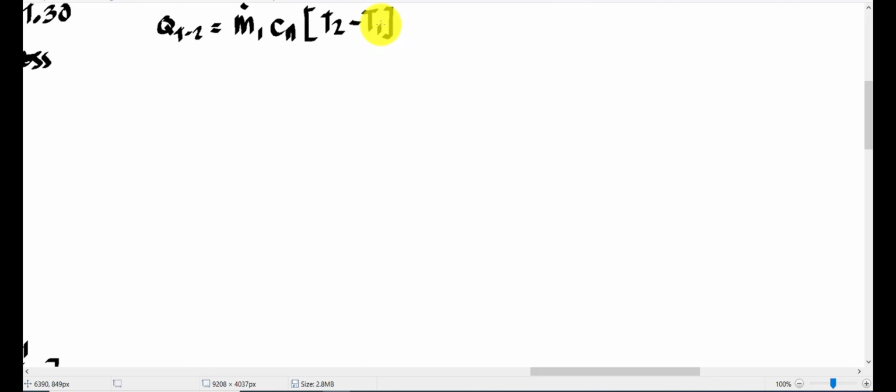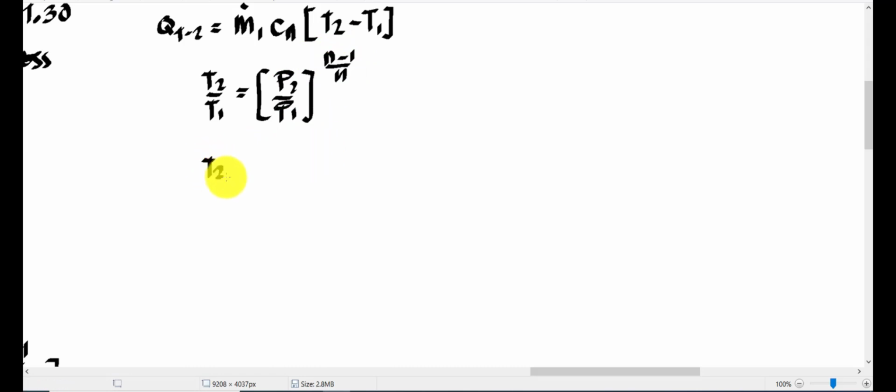So we have the values for T1, the Cn, and the mass flow rate. Now what we don't have is the T2. So by using the P-T relationships, polytropic, we have the equation T2 over T1 is equal to P2 over P1, raised to the power of n minus 1 over n.